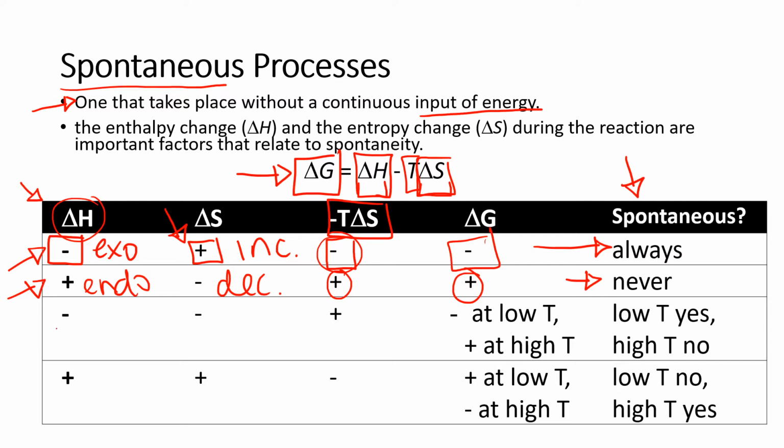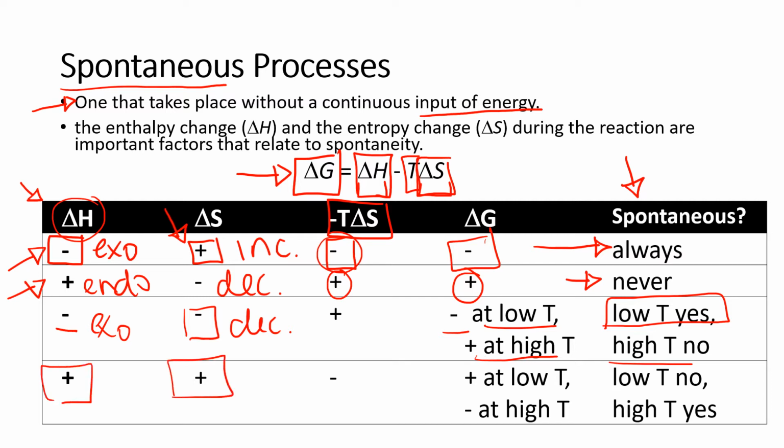So when you have an exothermic reaction, this is favored by the universe, but a decrease in entropy is not favored, then this one will be dependent on the temperature. So at low temperature, you'll have a negative delta G, so you'll have a spontaneous process at a low temperature, and then the opposite, of course, is true. And then here, again, opposite scenario, so these are both positive. So at high T, high temperature, you will have a spontaneous process.